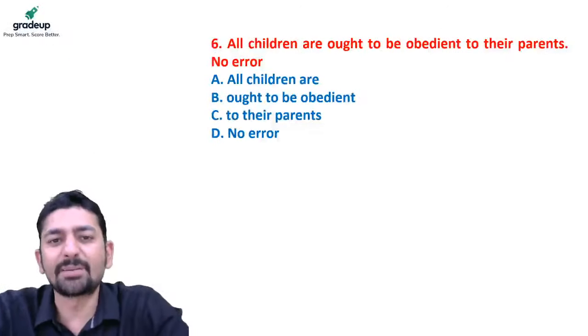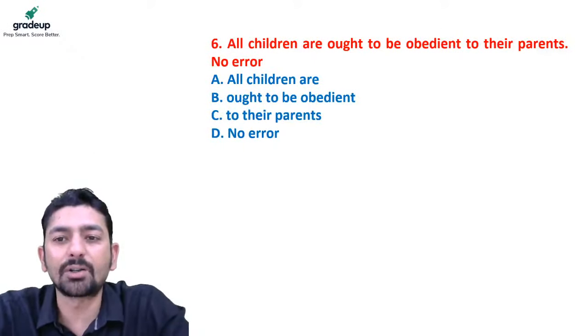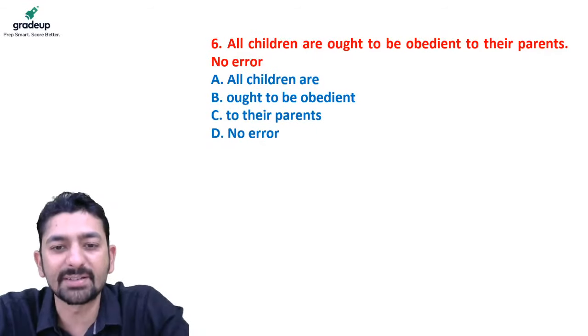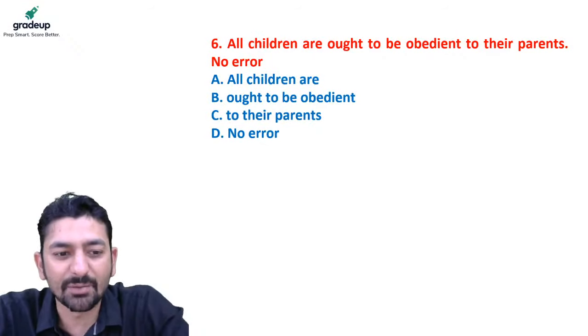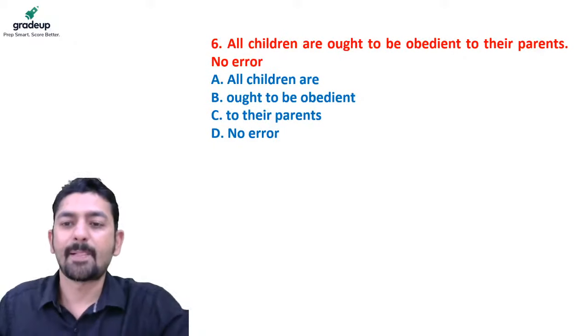Next question, question number 6, it says, all children are ought to be obedient to their students. Okay, tell me which part of the sentence has an error on this one.